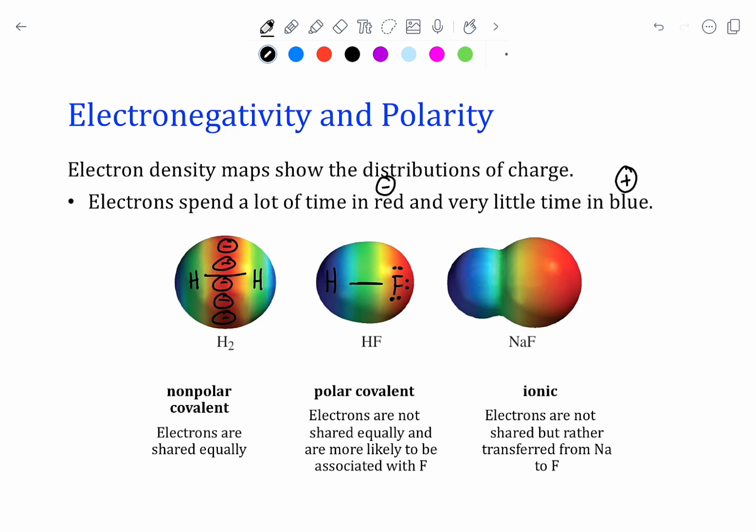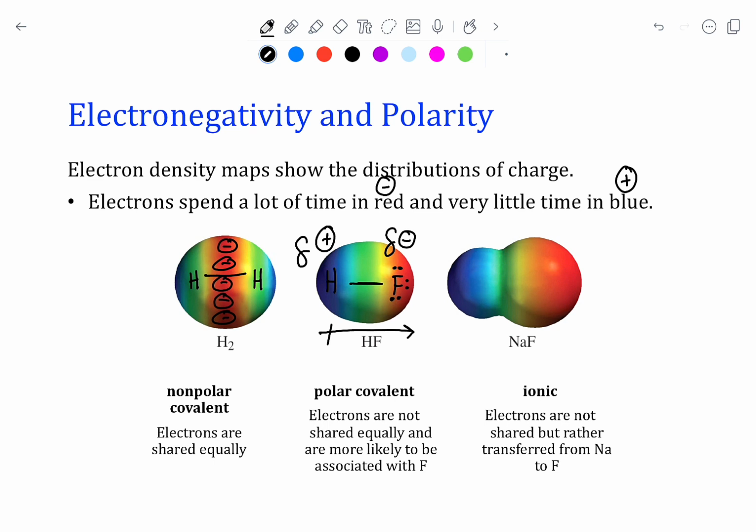So that's why we see the electrons more on one side, on the side of the fluorine, than the hydrogen side. So when we say we have a partial positive and a partial negative, that's what we mean. The electrons are just spending more time over there. So we can show an arrow that points to the more negative side of that atom.